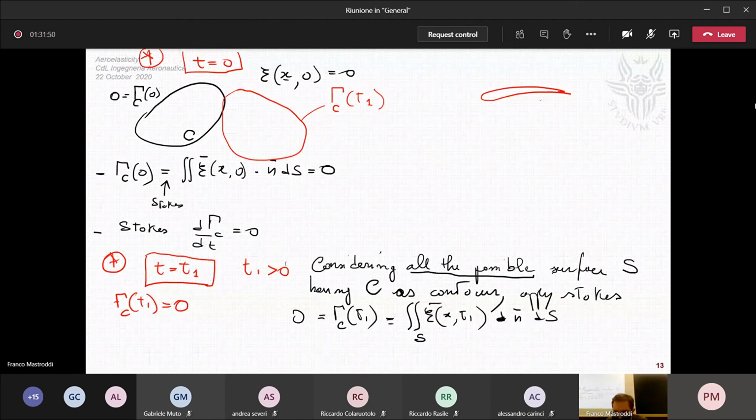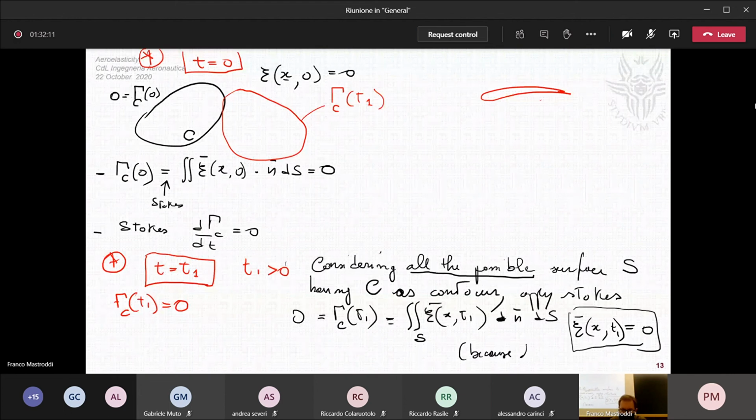Okay, so because of the arbitrariness of S, zeta x in T1 has to be 0.